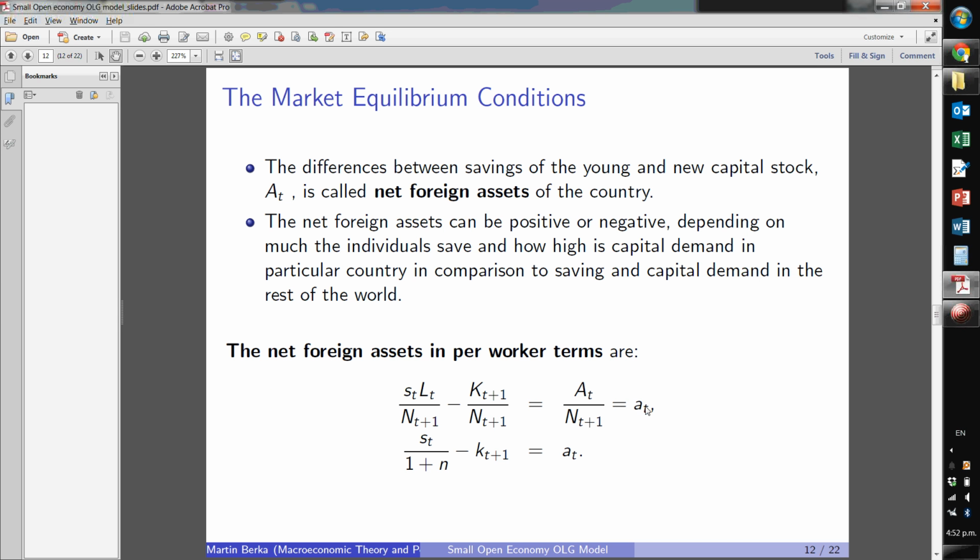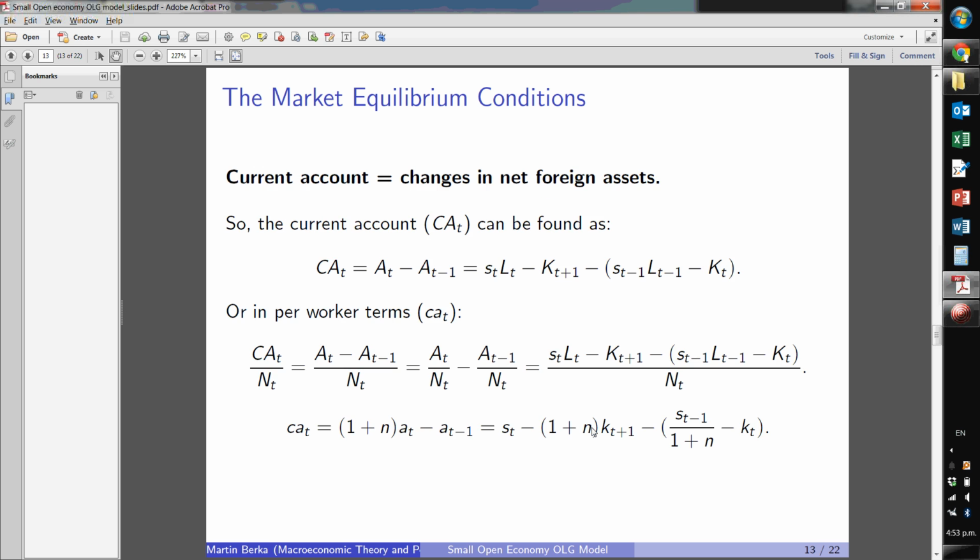So the lowercase a t is defined as capital A t divided by capital N t plus 1, the number of young people in generation t plus 1. So those are the inherited, if you like, net foreign assets, and consequently capital A t divided by capital N t has to be multiplied by 1 plus lowercase n when we want to express it in per capita terms.